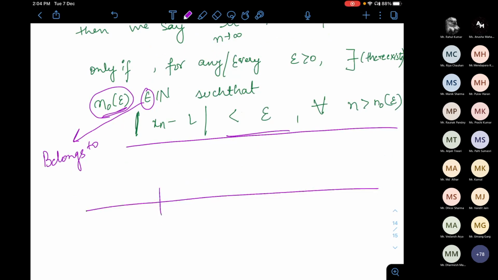See, this is zero, this is the real line, and these are the natural numbers. Let's say this is my n naught. After n naught, I will take any n, and the difference between the sequence and the number is less than epsilon.